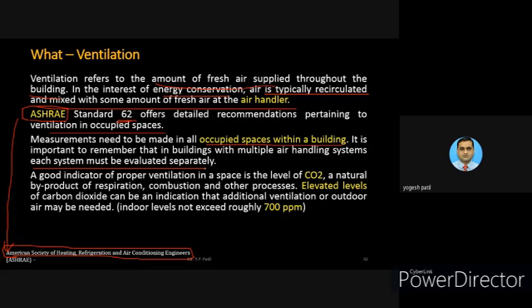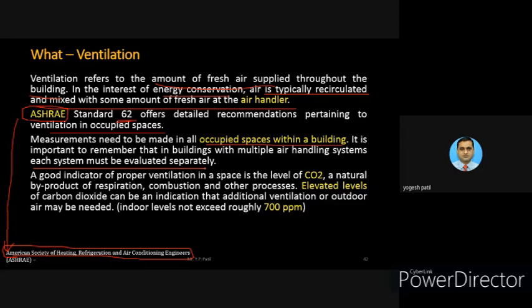CO2 is a natural byproduct of respiration, combustion and other processes. Elevated levels means higher levels. Elevated levels of carbon dioxide can be an indication that additional ventilation or outdoor air may be needed.